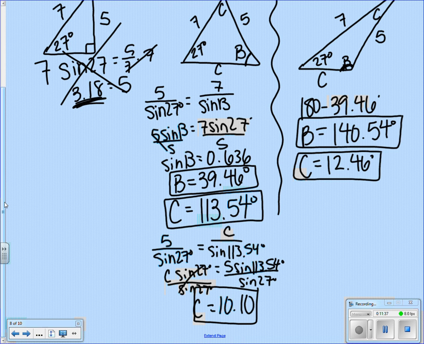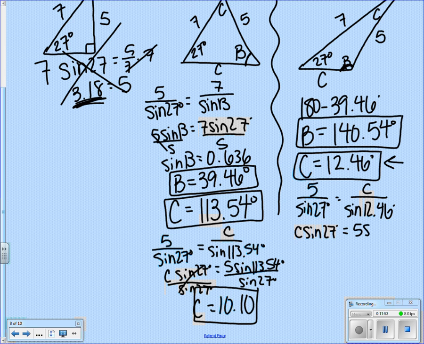And then over on the other triangle, you would do 5 over the sine of 27 equals C over the sine of 12.46, because that's the C value here. So you have C times the sine of 27 equals 5 sine of 12.46, and you're going to divide by the sine of 27.